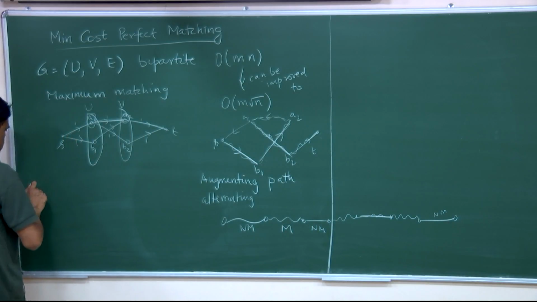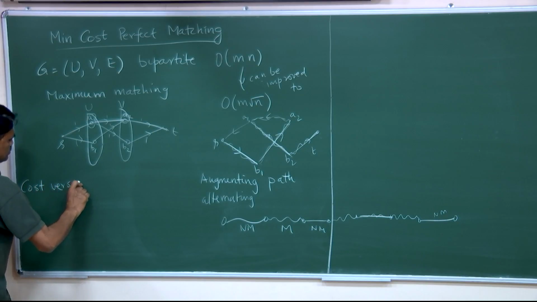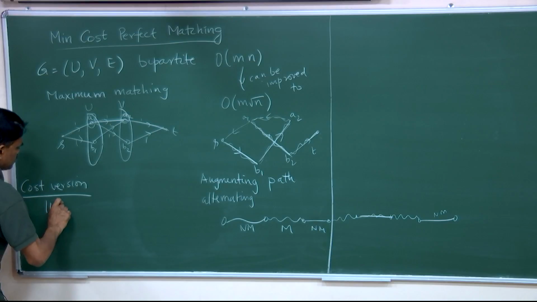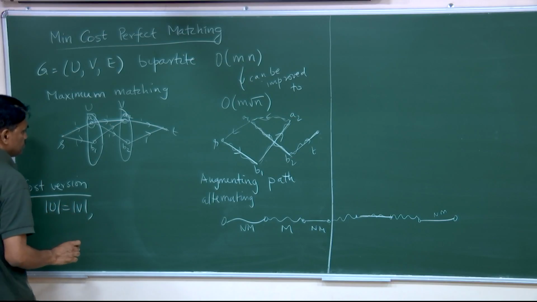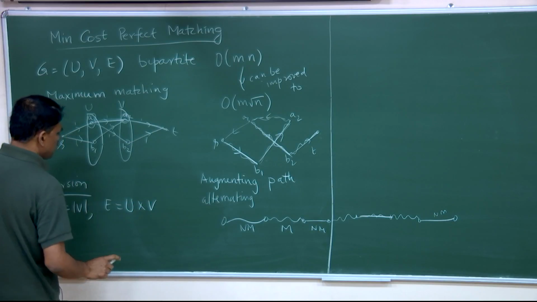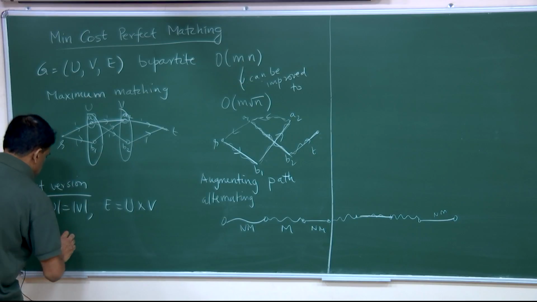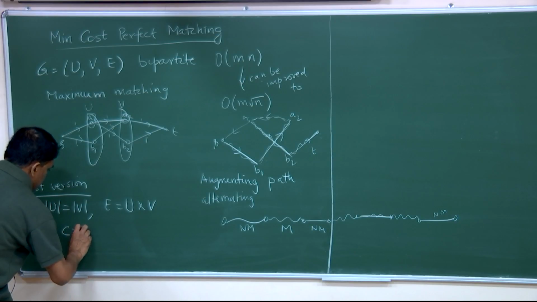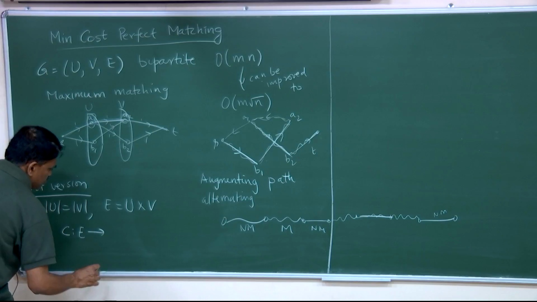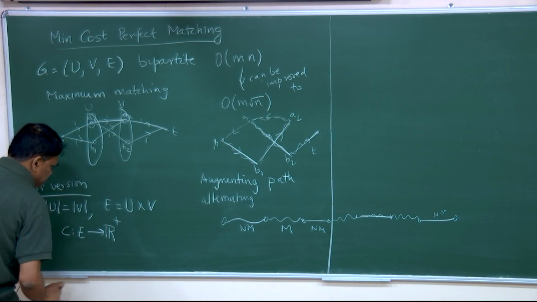So the cost version has size of U equal to size of V, and we can even assume E is all edges between U and V, because I'll put a cost of infinity if the edge is not present, and I'm interested in a minimum cost. There is a cost associated with every edge, some positive real number.